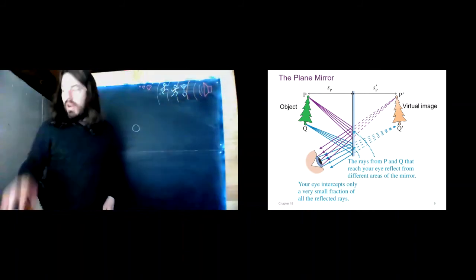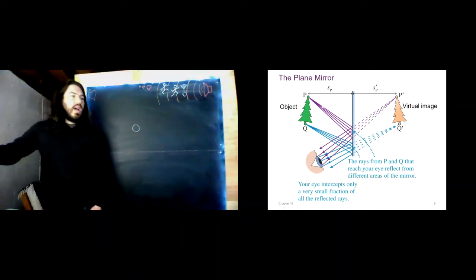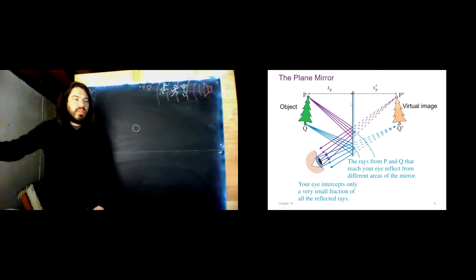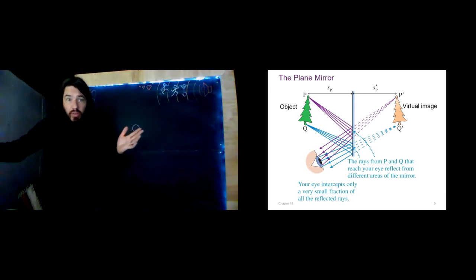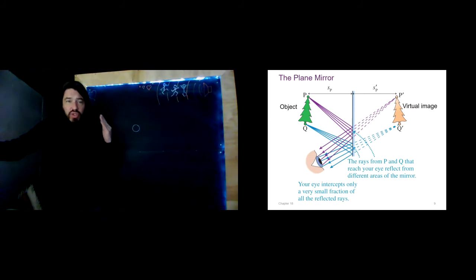So here on the PowerPoint slide, we see a schematic of how this works. We know the object is actually right here. The light rays bounce off of the mirror, but our brains have evolved to understand the ray model of light to a certain extent. Our brains have evolved to just assume that light rays travel in a straight line.